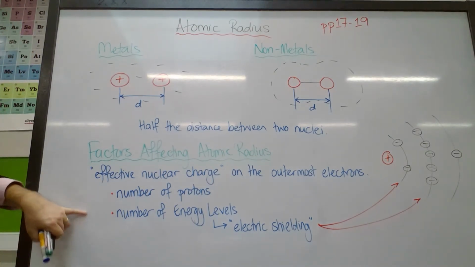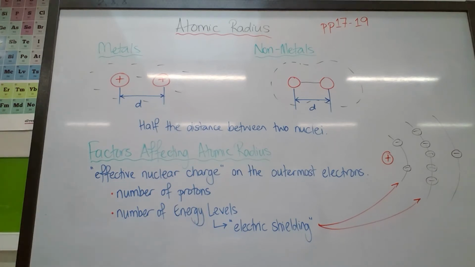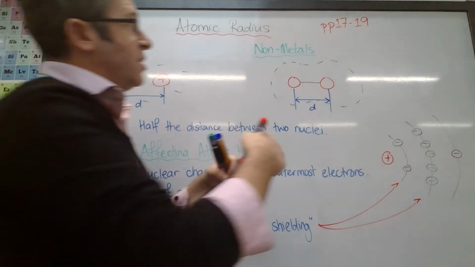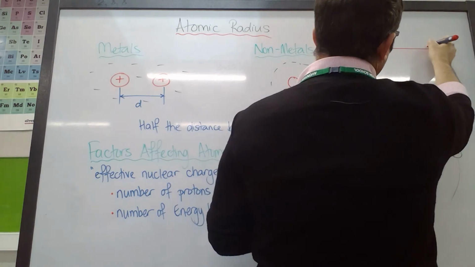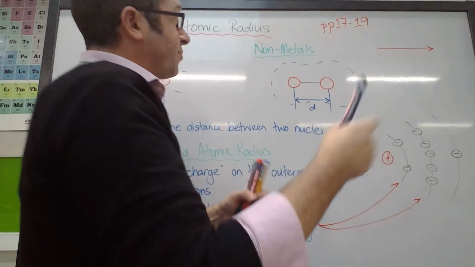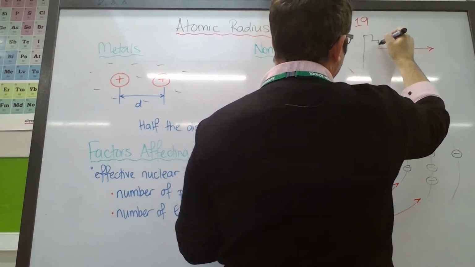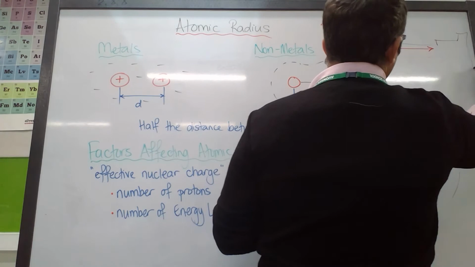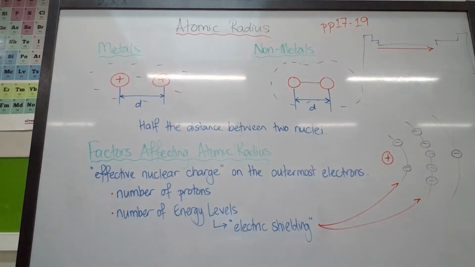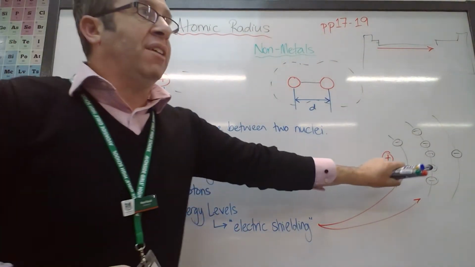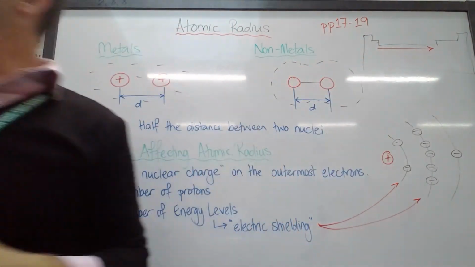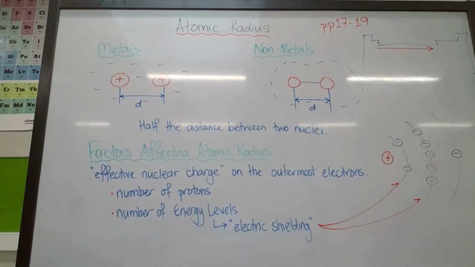So now we've got our two key things we'd have to discuss when justifying the sizes of things. Then we need to know that there are a couple of trends, and this is the bit I said I lied about not adding. So what we notice is, as we go across the periodic table, I'll quickly sketch my periodic table in here. As we go across the periodic table, we're not adding any more energy levels. As we add more electrons, they're in the same energy level as the previous atom. But we are adding to the number of protons.